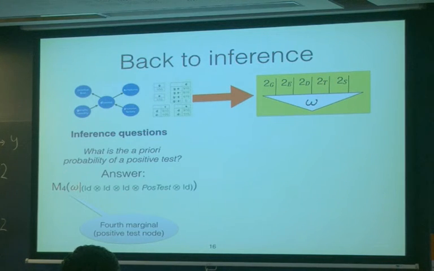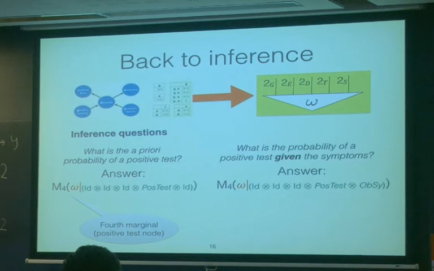So this is another way of computing the answer to my question that uses a different representation of the same information. And for the other question, I have a similar way of doing the computation. You see that I have positive test, but I also now have another predicate, which is now on the test pin.